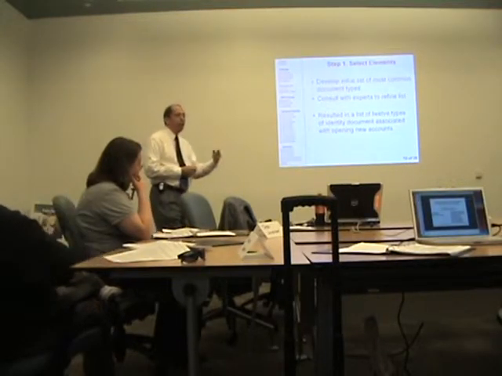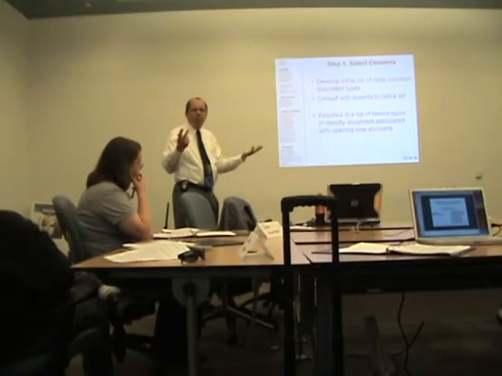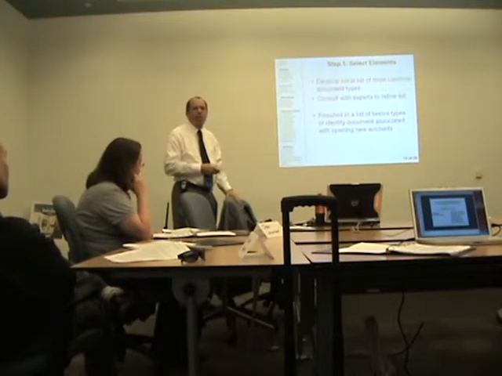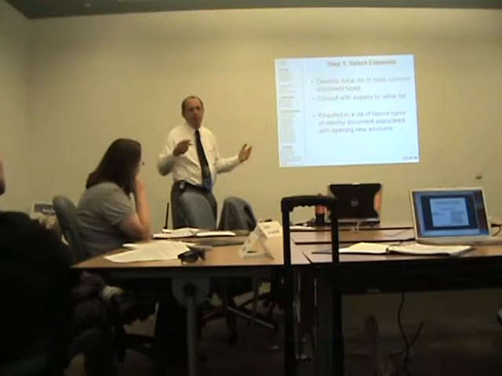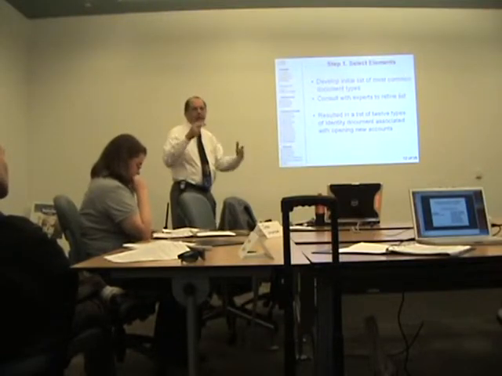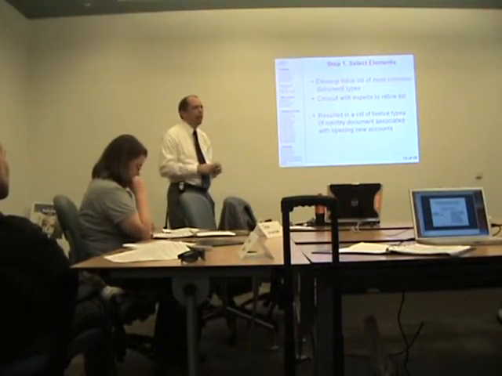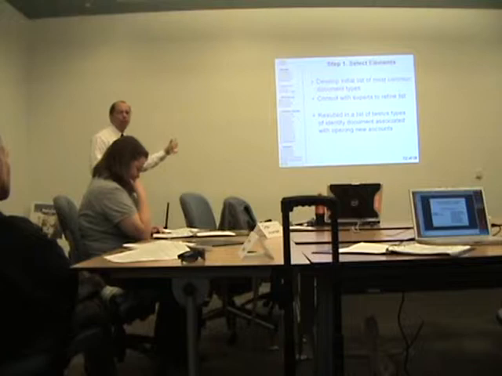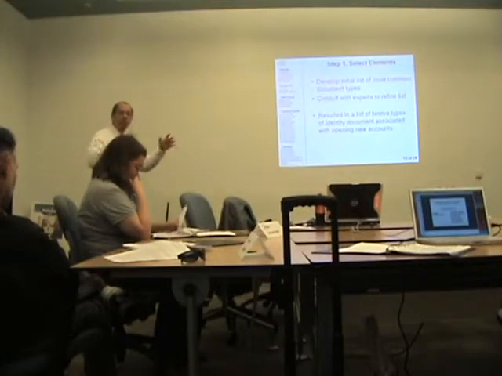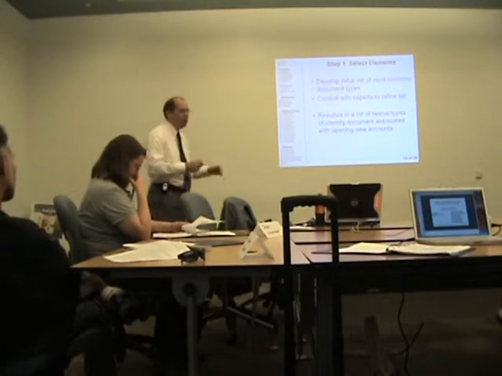Then I consulted with them to refine the list. Some of the things were duplicative. Some of them they said, no, I would never accept this as an identity document, so we took that off. Eventually I worked that down to a list of 12 types of identity document that might be presented, not one at a time, but some combination of those 12 when a new account is being opened.